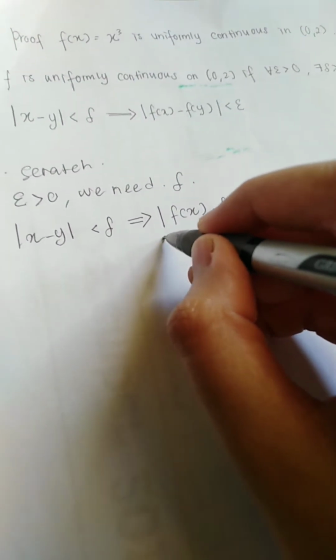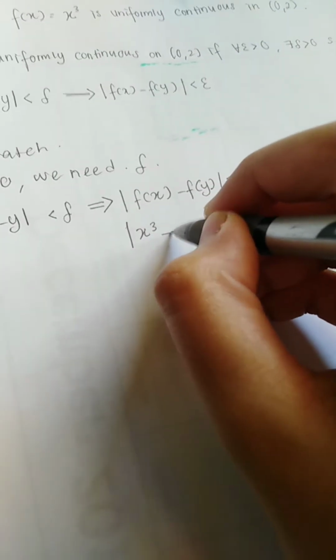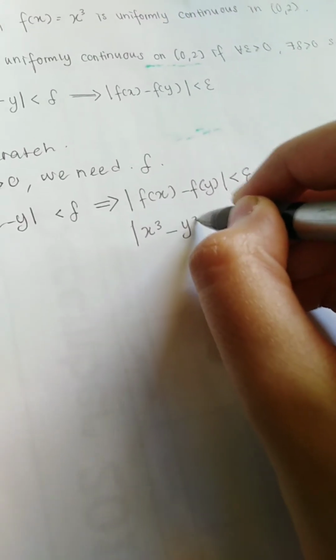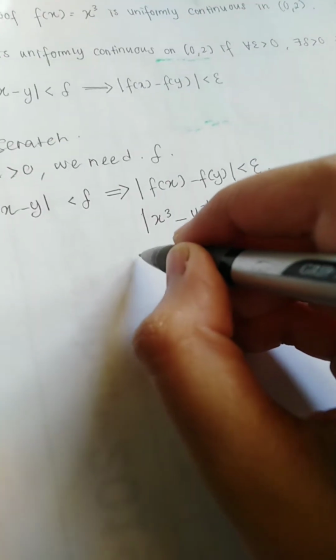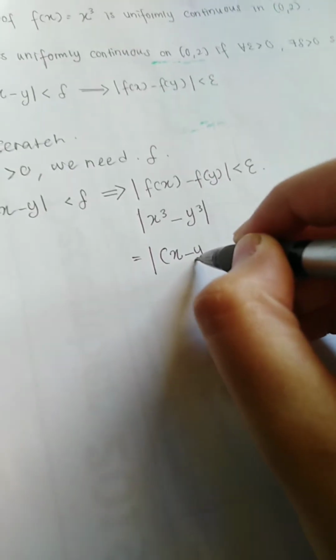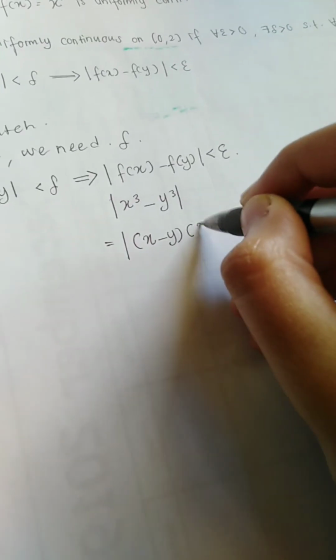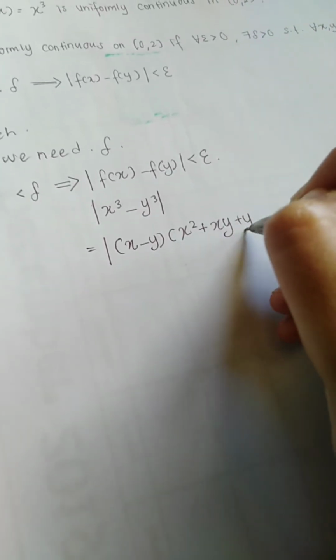So for this function, we have the absolute value of x cubed minus y cubed. So we factor this one: we have the absolute value of x minus y times x squared plus xy plus y squared.